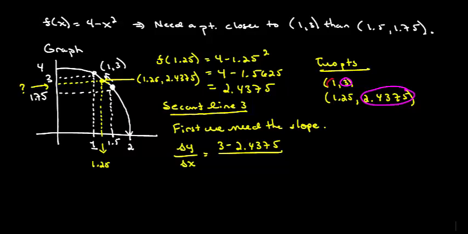Now we have to be consistent. We used the top point, so we have to use the top here. So we're going to go 1 minus 1.25. Now the rest of this is just computation, but what you should realize is that the slope is negative. So when I do my computations out, I need to get a negative value. If you mess up the order, you're going to end up getting a positive value, and that'll help tell you that you obviously did it wrong.